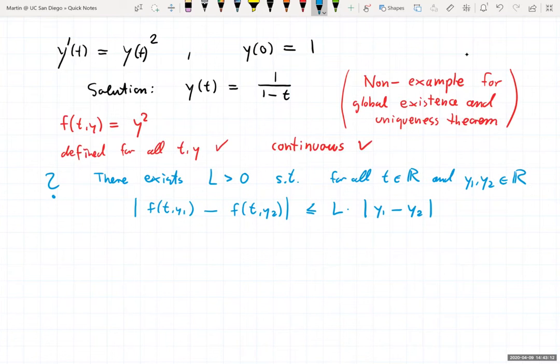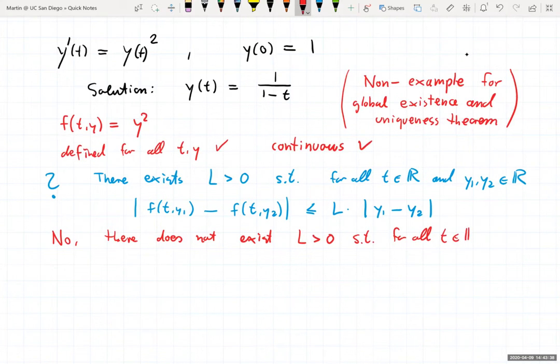Unfortunately, that's not the case. So the answer is no, there does not exist L greater than 0 such that for all real numbers t and y1, y2, we have that the absolute value of y1 square minus y2 square is bounded from above by L times the absolute value of y1 minus y2.